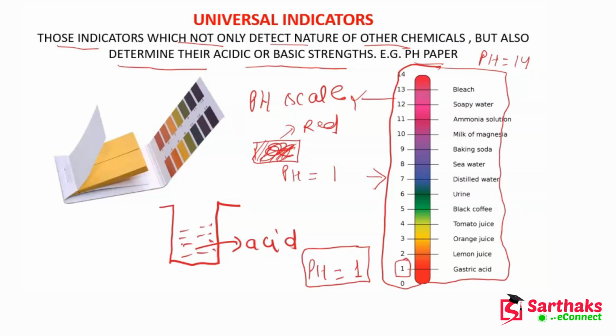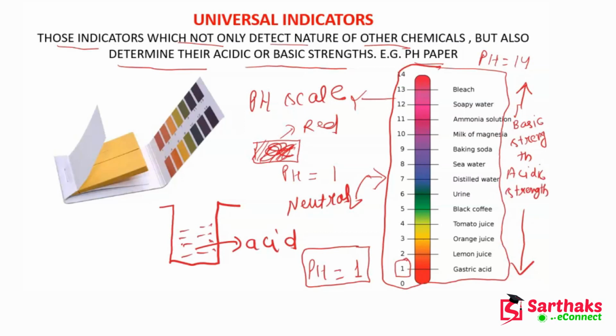And what about this 7? At 7, the nature of the chemical substance is neutral. Let me write it here. If you move in the direction of this arrow, the basic strength increases, and if you move here, the acidic strength increases.